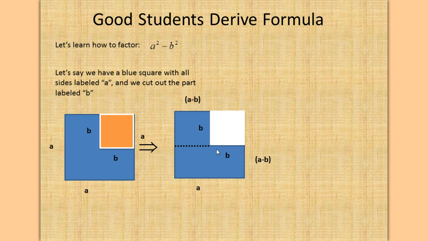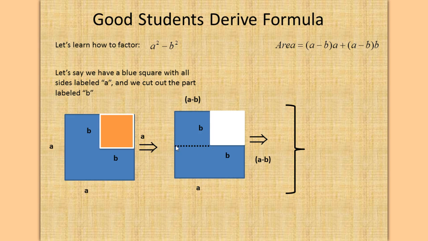Now, what we want to do is calculate the area of the remaining blue parts. At the top the distance is a minus b, and on the right side is b, so the area of that piece is a minus b times b.